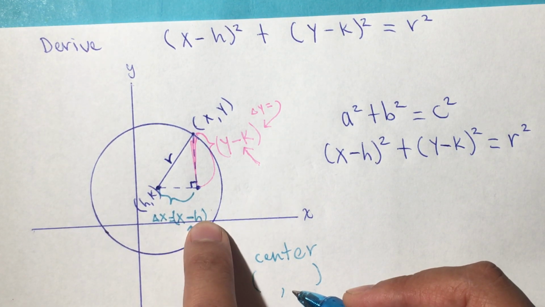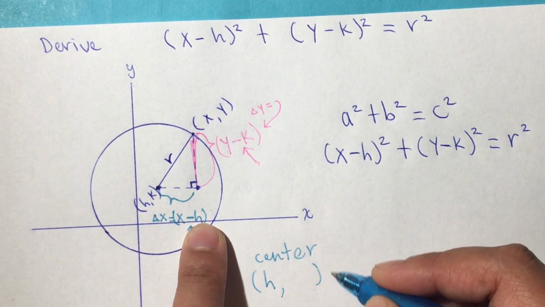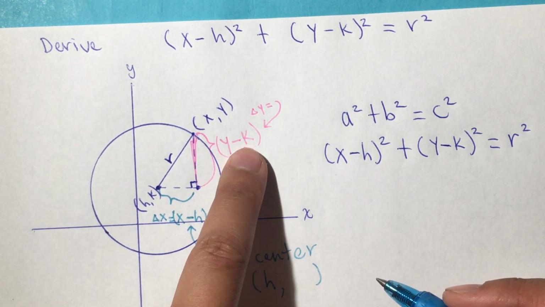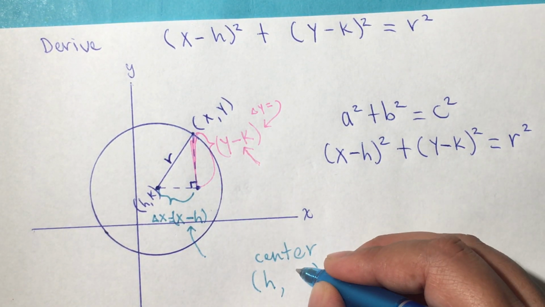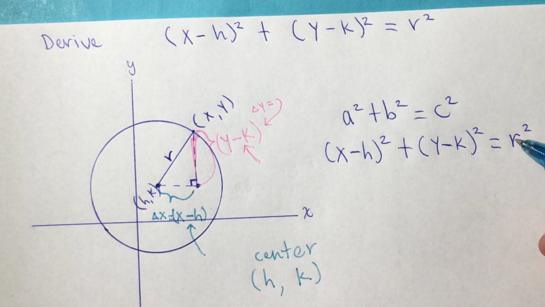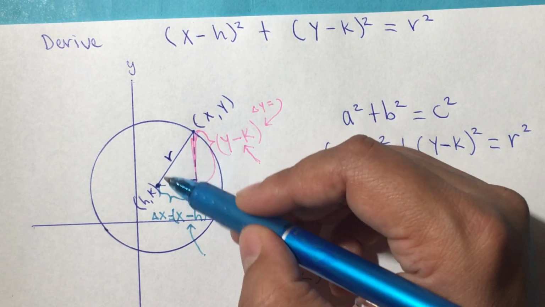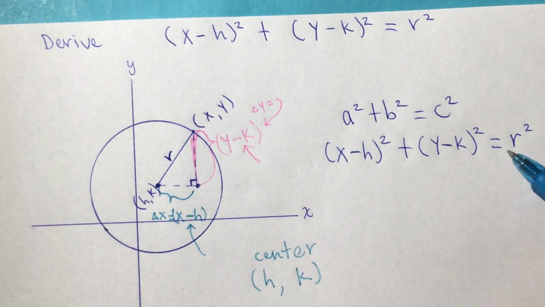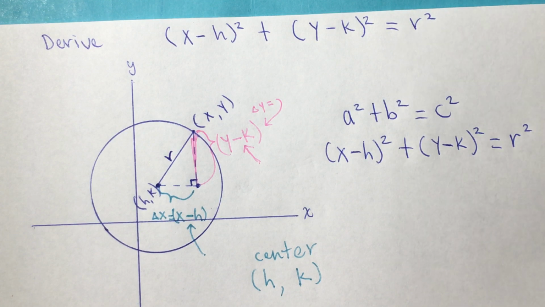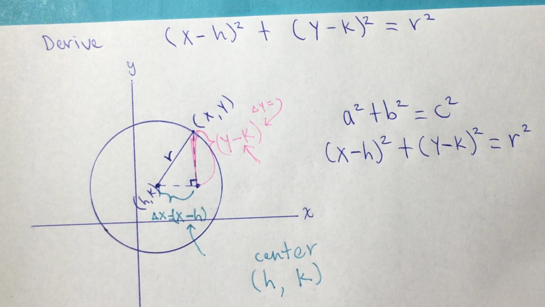So if it's negative h, then it's going to be positive h for the center. If it's negative k, then it's going to be positive k. And the radius in our formula is squared. But to find it, we need only the radius, not the radius squared. So we're going to have to take the square root of that. Okay, we'll see how it looks once we start with specific examples.